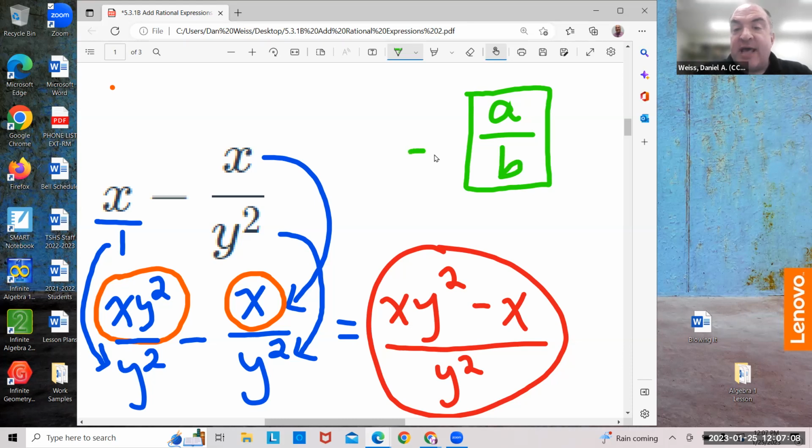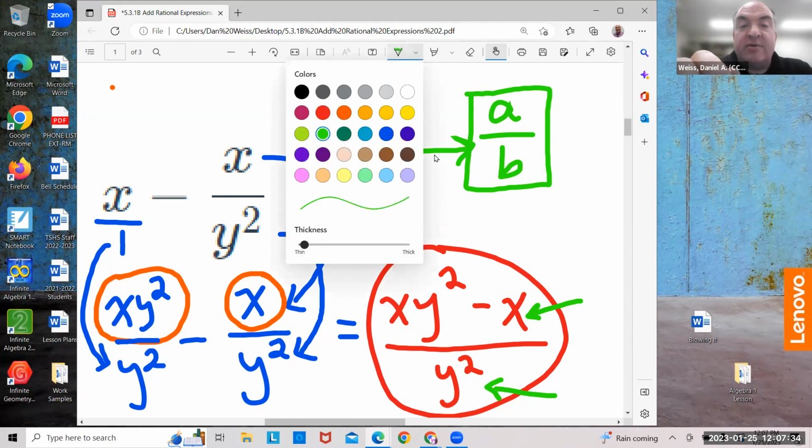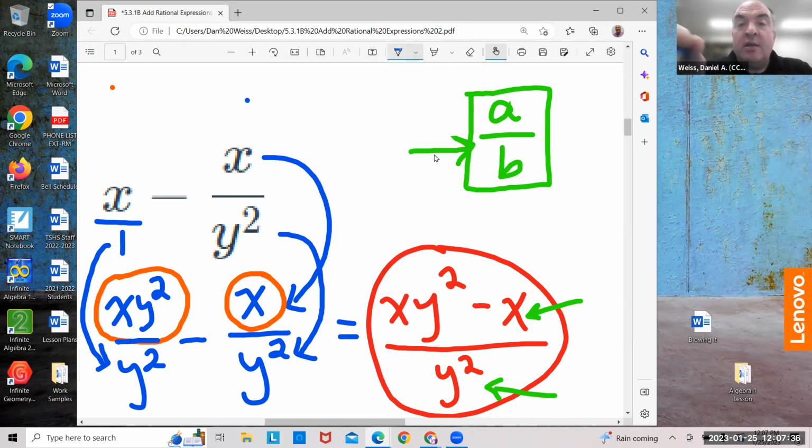You have to hit that key on the keyboard on your answer in Delta Math first, and then you punch in the top, and then go to the bottom and put in that. Please email me if you're having any problems with that.